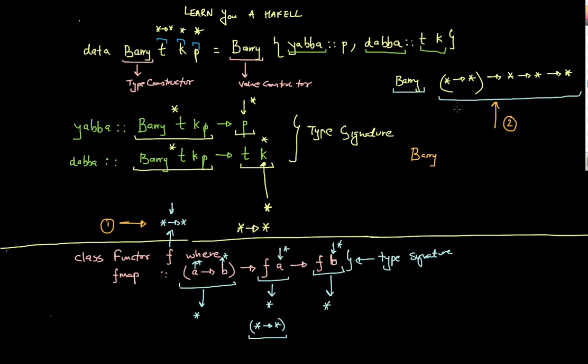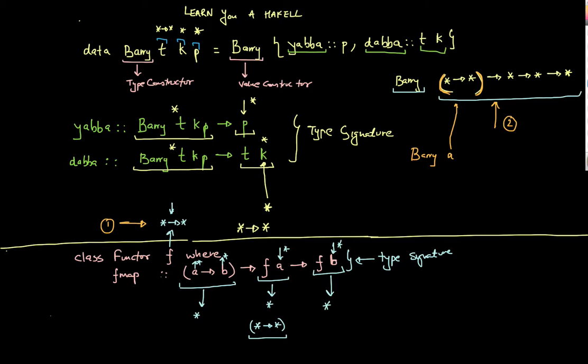So Barry followed by a type variable a, where a has a kind of this entire piece. Let me make sure my colors are consistent. This piece over here in yellow, or darker yellow, has this kind of going from star to a star that is associated with a.